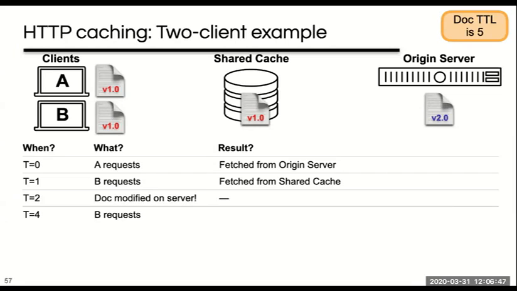Get the new version? From the cache, I assume you're talking about the shared cache, but no, it's going to fetch it from the browser cache, right? The TTL in the browser cache is still just fine. So good guesses, but it's going to load it again locally.